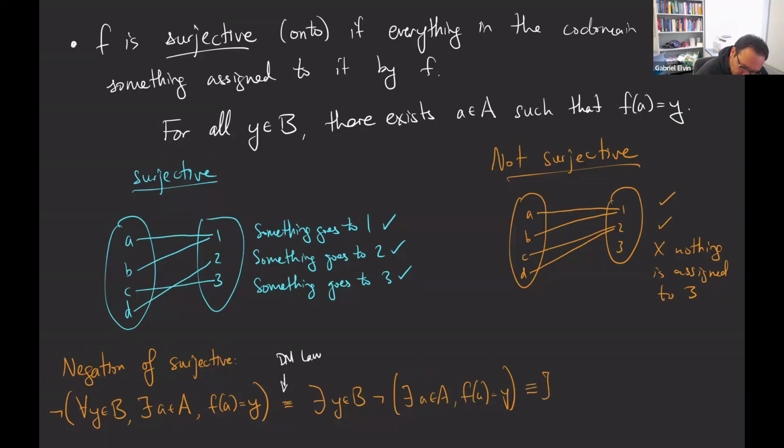This part is still the same: there exists a y in B such that, but now for all a in A, f of a equals y is false. This is again just De Morgan's law.